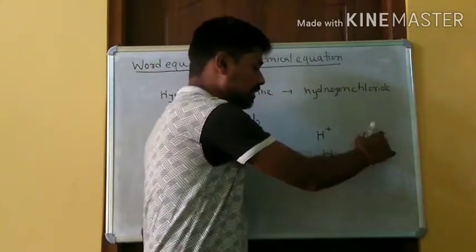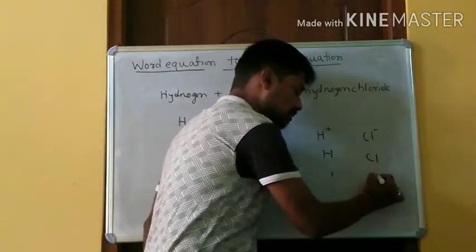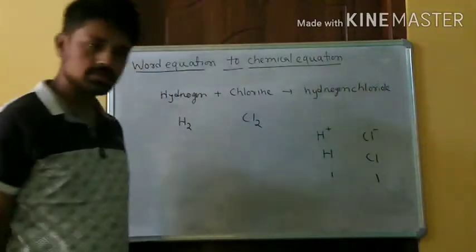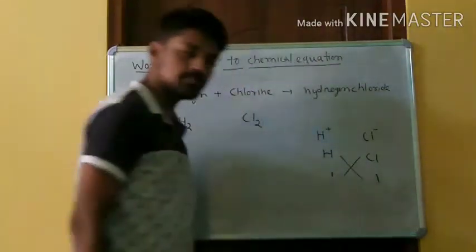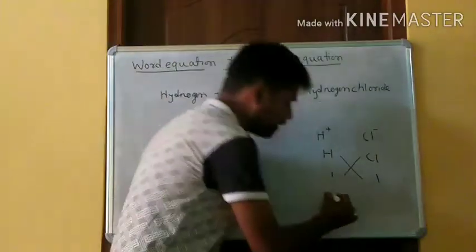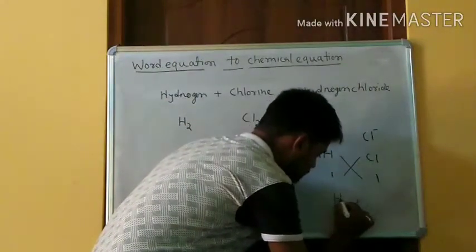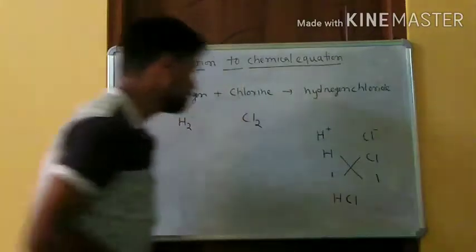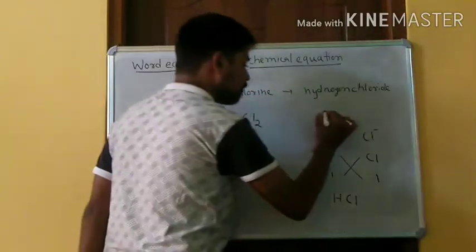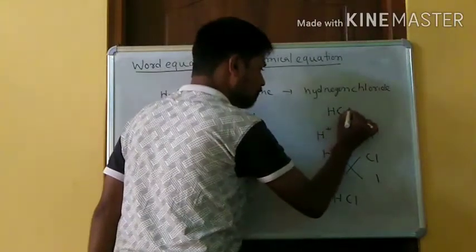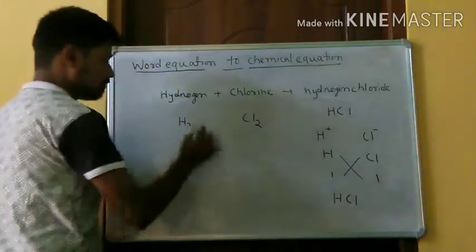Similarly, Cl minus means it is also 1, write 1 below Cl and cross multiply them. We have done it earlier in class 9, so it becomes HCl. So when hydrogen and chlorine are combined, they form HCl, which is the formula of hydrogen chloride.